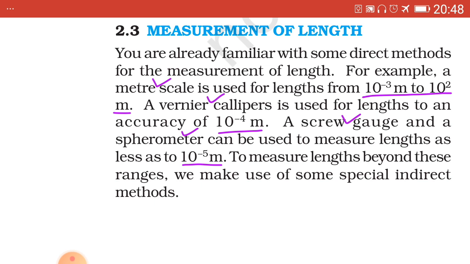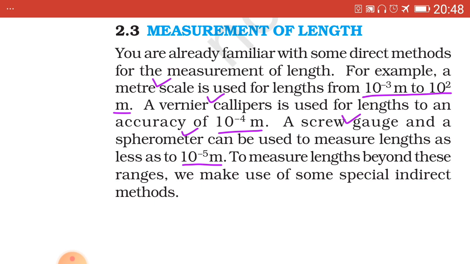Now if you convert into meter, multiply again by 10 raised to minus 2, which is equal to 10 raised to minus 4 meter. So this is how you get 10 raised to minus 4 meter.